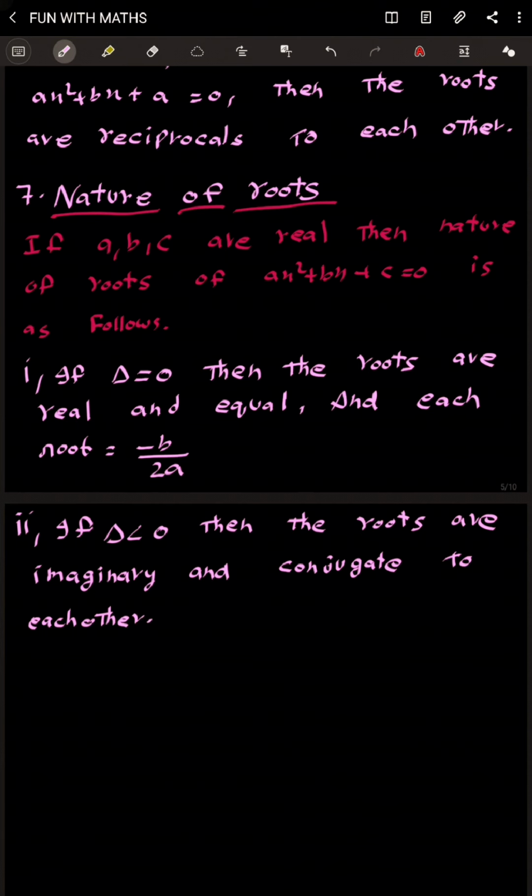If delta is less than 0, then the roots are imaginary and conjugate to each other.